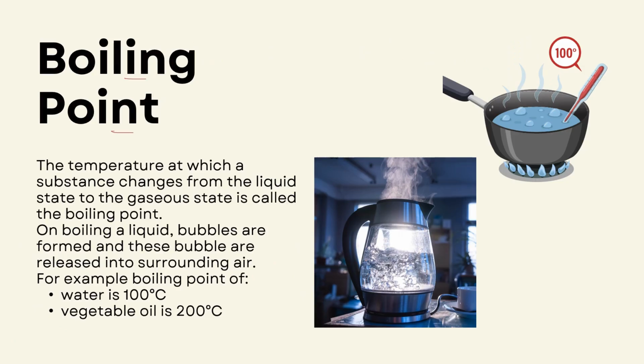Boiling point: the temperature at which a substance changes from liquid state to the gaseous state is called the boiling point. Mind it, boiling and boiling point are different things. Boiling is the change of state, whereas boiling point is the temperature at which this change of state will occur.